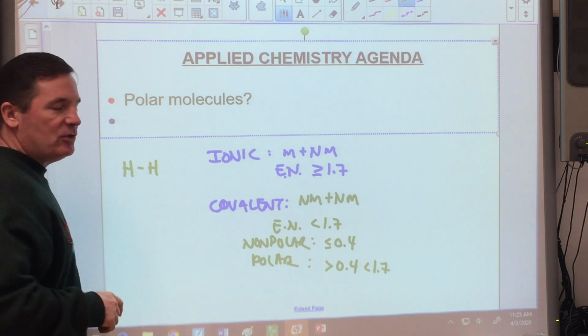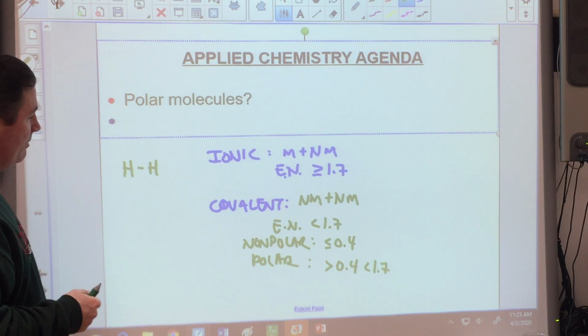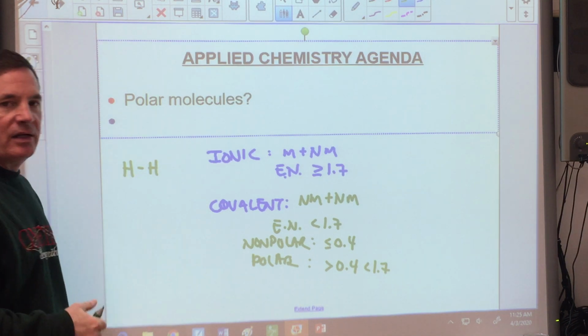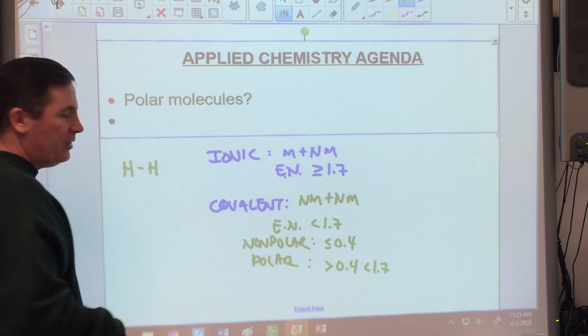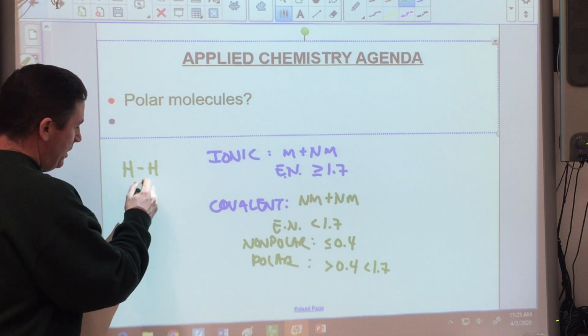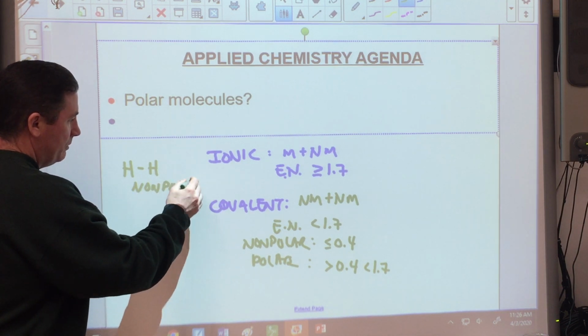Since we have two hydrogens here, and they both are essentially the same atom, they're going to pull on the electrons equally. One's not going to overrun the other one as far as pulling on the electrons. So this is going to be a non-polar molecule.